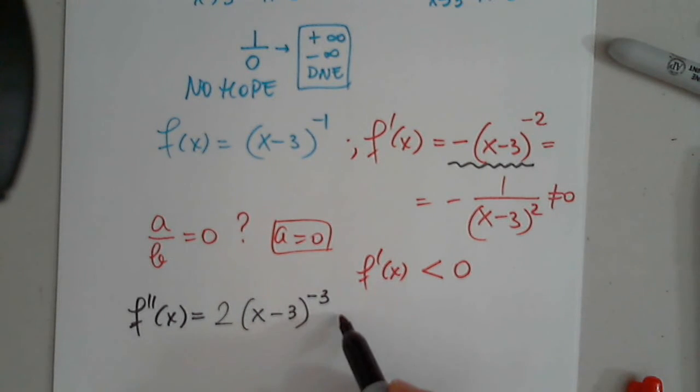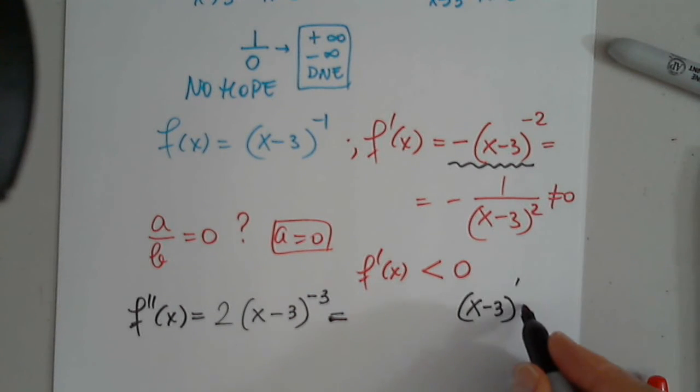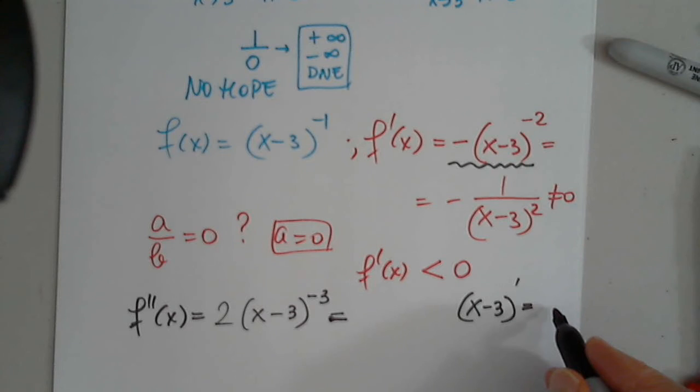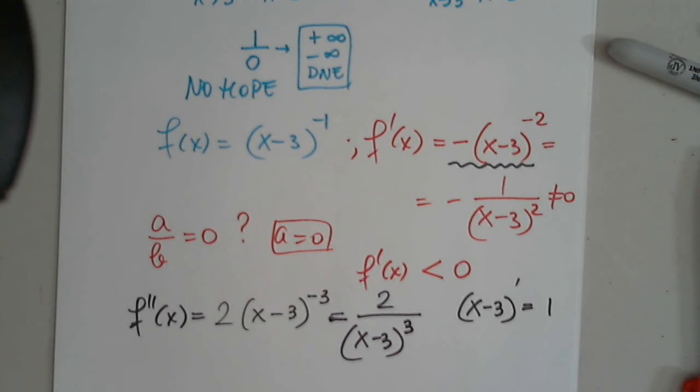Good. Times the inner function prime, which is? 2. How much is x minus 3 prime? 1. Good. So this is then 2 over x minus 3 to the third power.